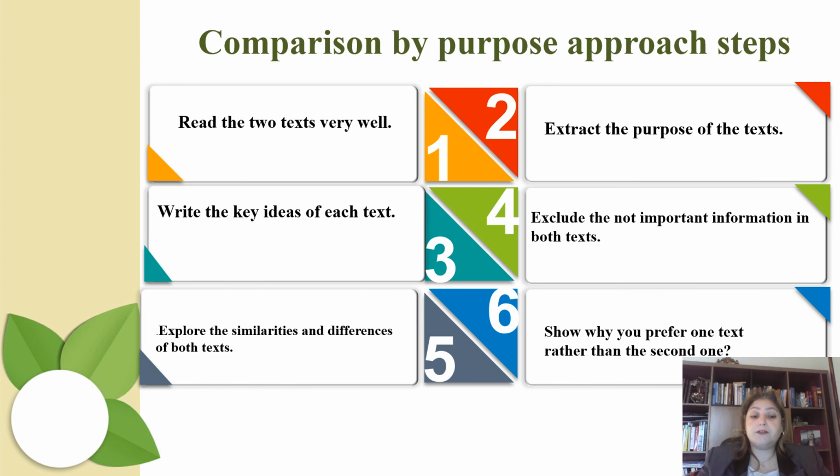The fifth step is explore the similarities and differences of both texts, and the last step, show why you prefer and select one text rather than the second one. This is very important.